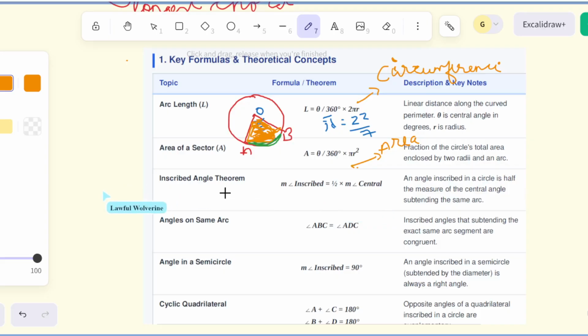Interesting chapter actually, circles. Very interesting. You like it? I think I like it.